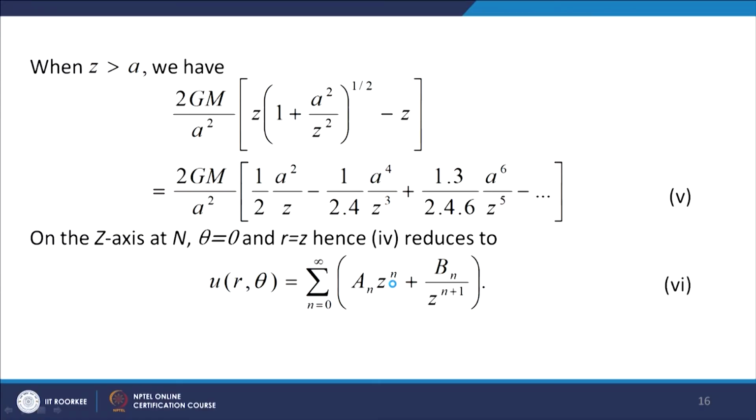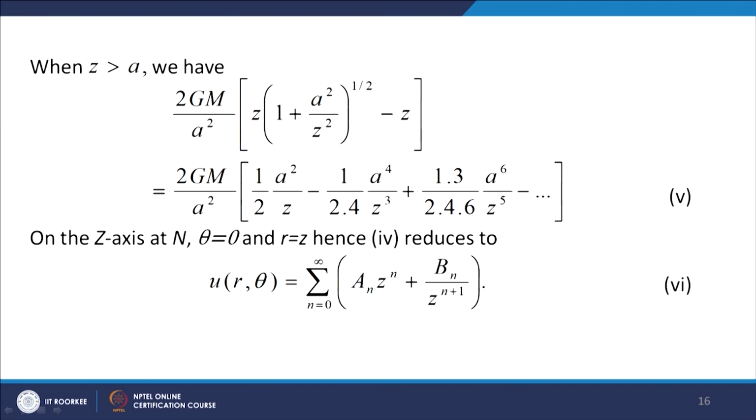Now, let us compare the 5th and 6th equations. When you compare, you see that b_n is equal to 0 when n is odd, because we have only odd powers of 1 over z in this expression. In this infinite series only odd powers of z are present.